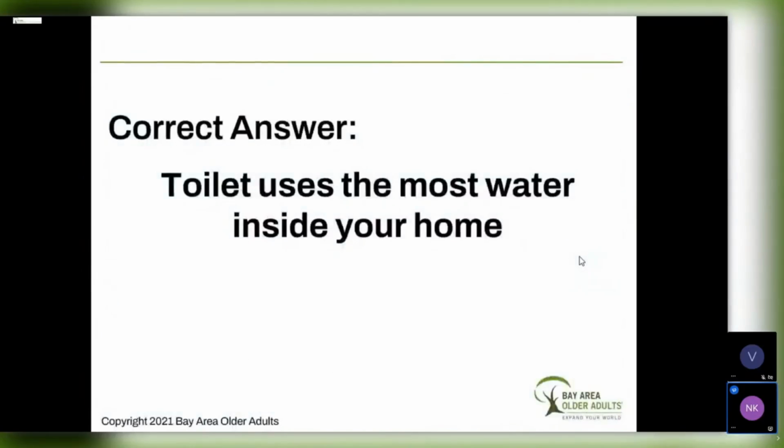Toilet is the correct answer. This is the biggest water user inside the home.